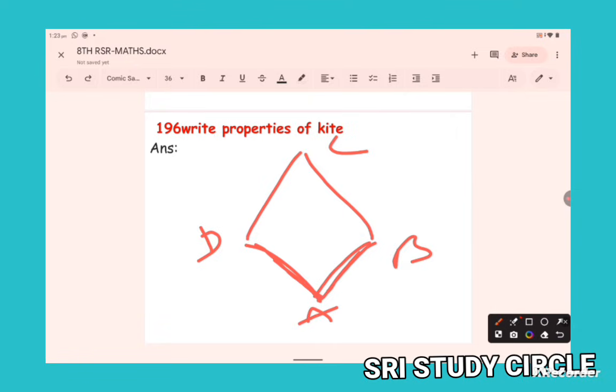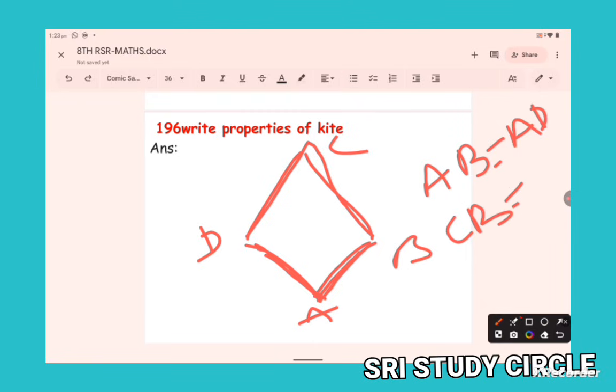AB is equal to AD, BC is equal to CD. Not opposite sides equal. Only AB is equal to AD, and CB is equal to CD. So this one is known as a kite.